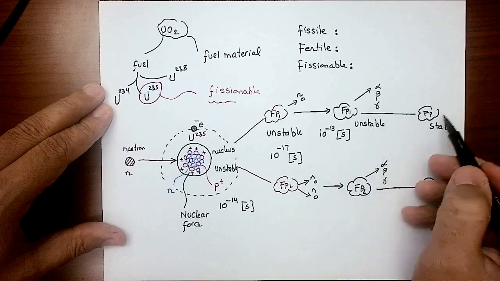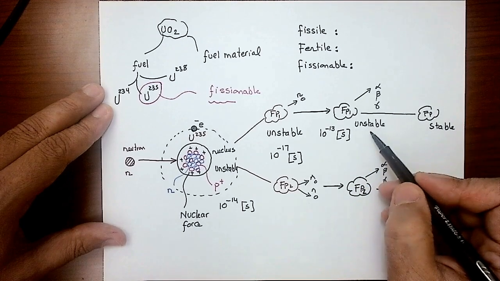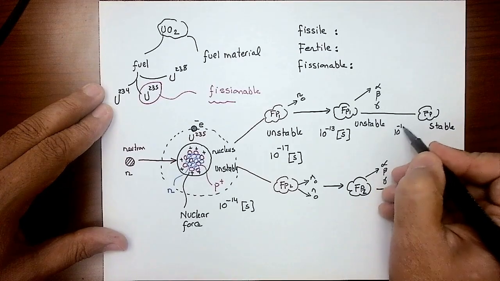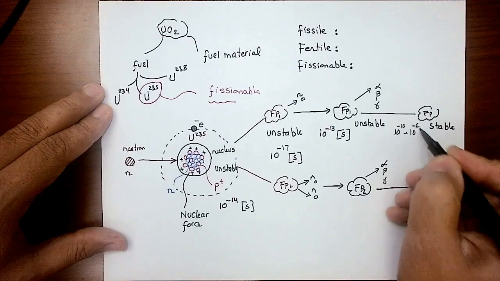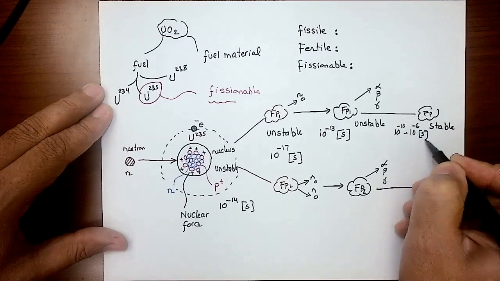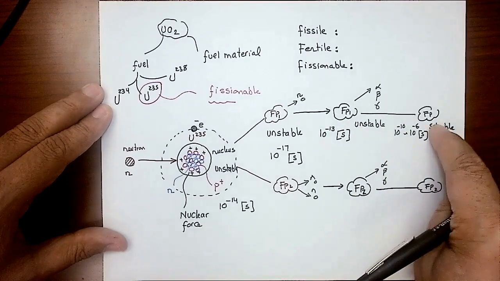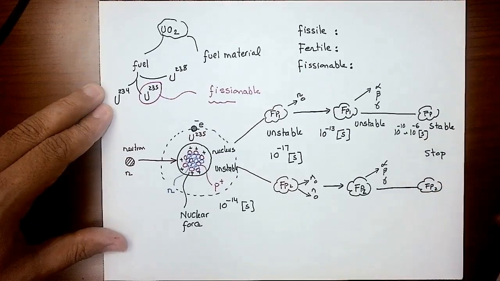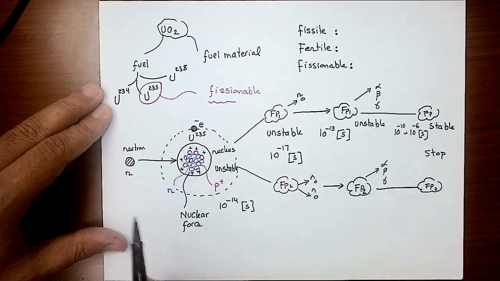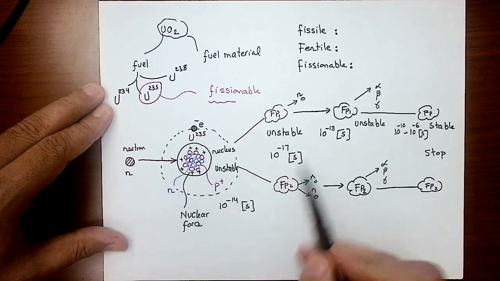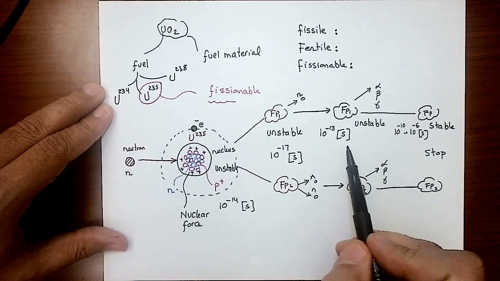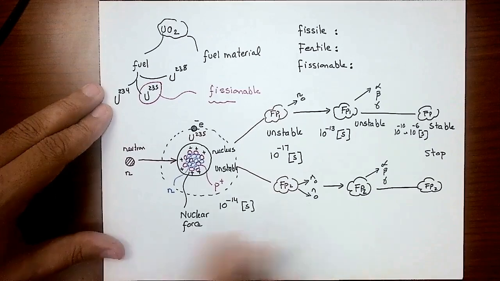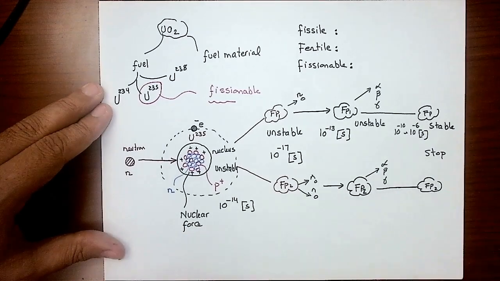And this process of transformation from unstable or partially unstable to the fully stable one could take 10 to the minus 10 to 10 to the minus 6 seconds. That's the time needed from this stage to this stage. Now we reach what we call the stoppable, where the fission reaction will stop. So to go from here to here, you can count how many fractions of seconds you need to reach the final product. That's the story of a fission reaction.